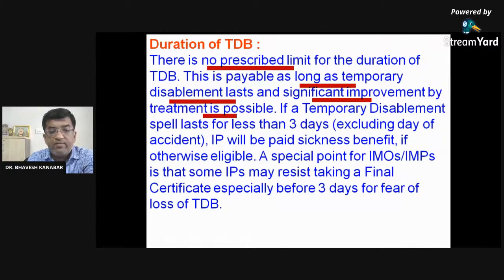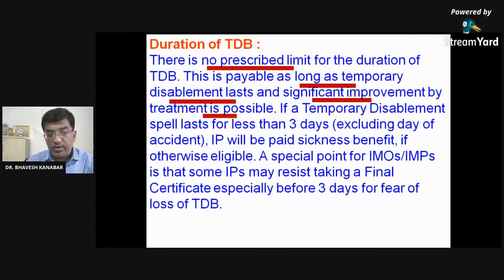Just enlist the benefits under this ESI scheme. We have recently discussed the ESI scheme. What are the benefits? Just enlist the names of the benefits under the ESI scheme.